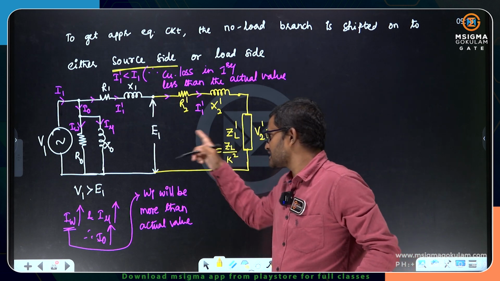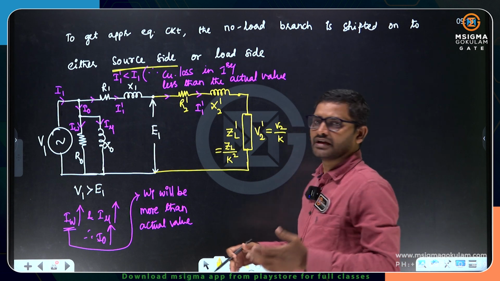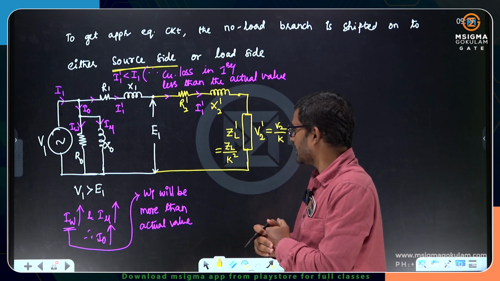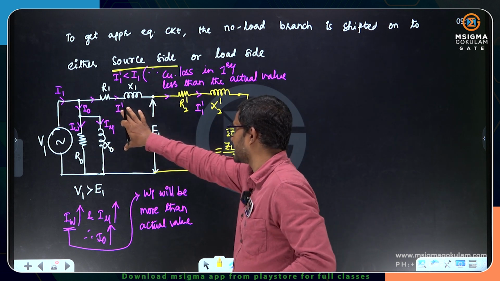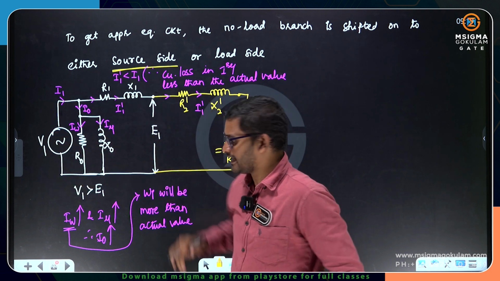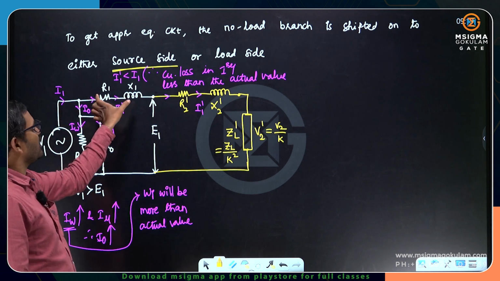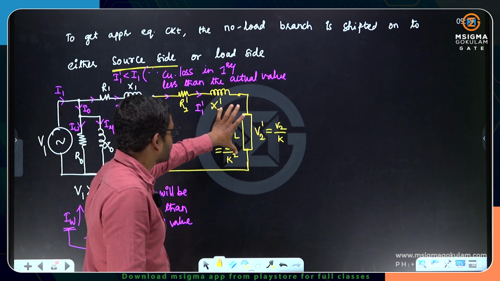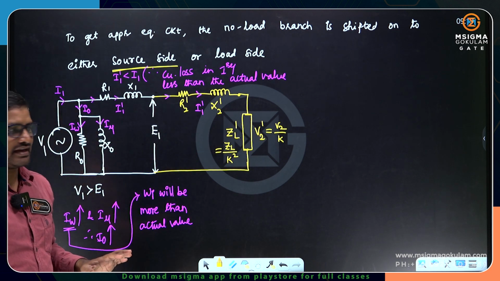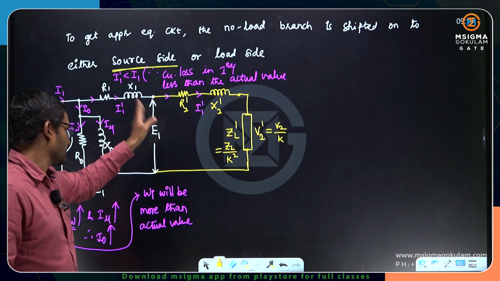If you take the equivalent circuit referred to one side, then this is the supply voltage, the total voltage minus the drop, then this voltage. So obviously V2 dash is less than V1. Whether it is a step up or step down transformer doesn't matter.